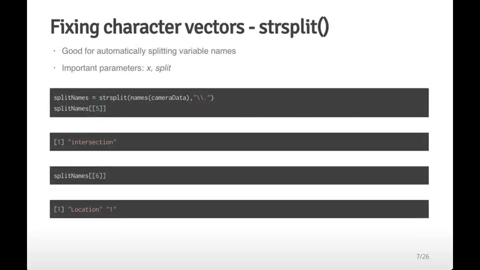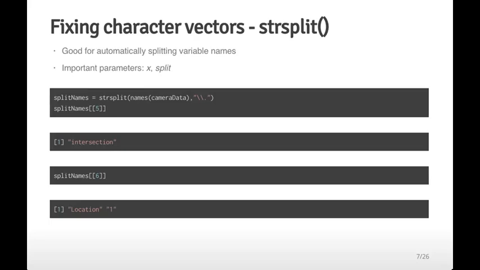You can also use strsplit to separate out components of elements of a character vector. It's very good for automatically splitting up variable names that are confusing. The most common occurrence is that they might have a dot followed by a number, and you might want to remove that dot and number to make them a little easier to work with. So what you can do is use the strsplit command.